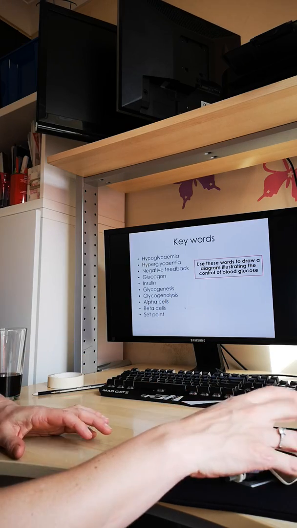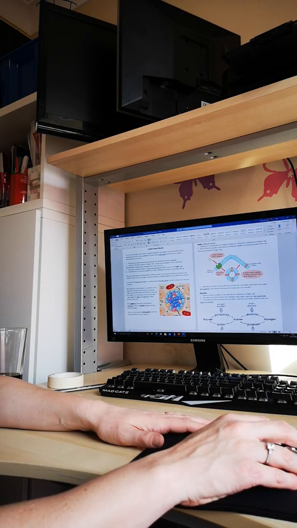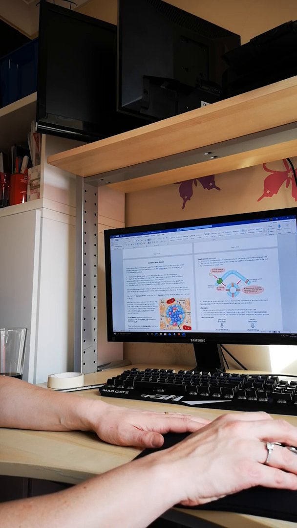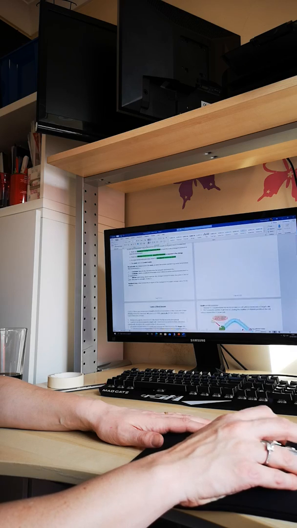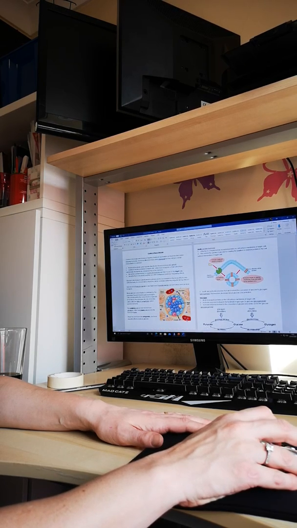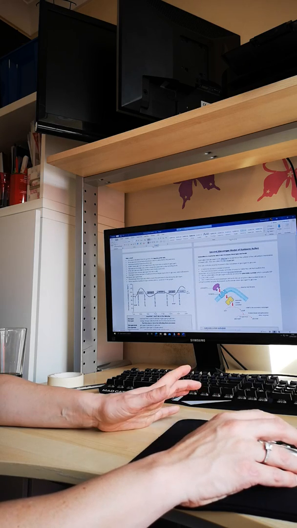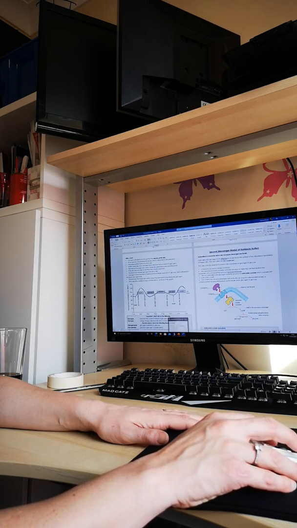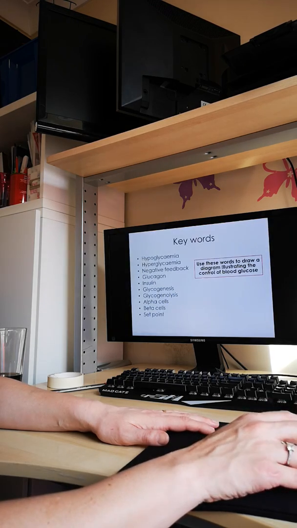Okay, so you've got quite a bit of work to do now. I'd like you to use the whole of page 5 and 6 and 7 to complete this task. That's 5, 6 and 7 in your keynotes.